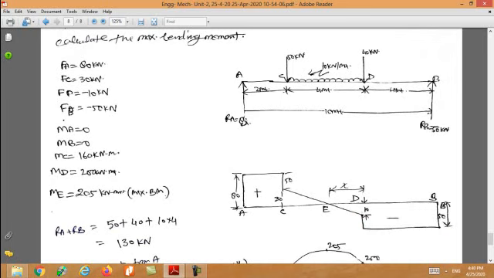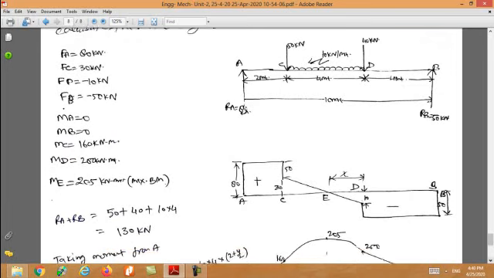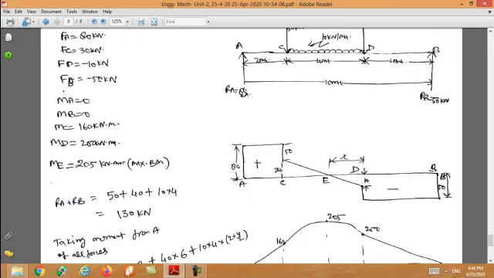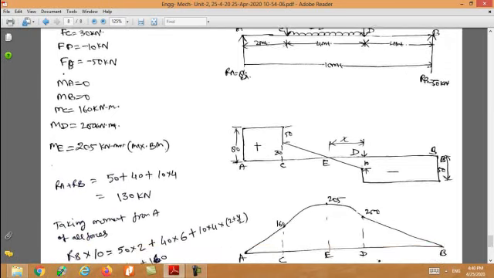Sum of MA is equal to 0. MC is equal to 80 into 2, so 160 kilonewton meters. Why is it positive? Because it is clockwise from the left side, so it is positive. By the same process, but here you are seeing that at the distance where the sign of the shear force changes, the shear force is 0, so we need to calculate this value.